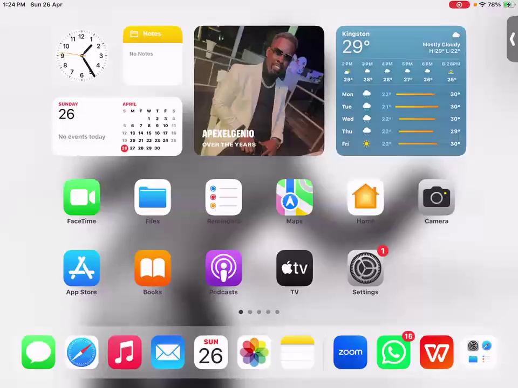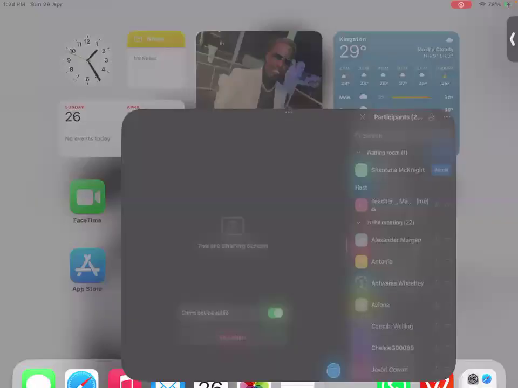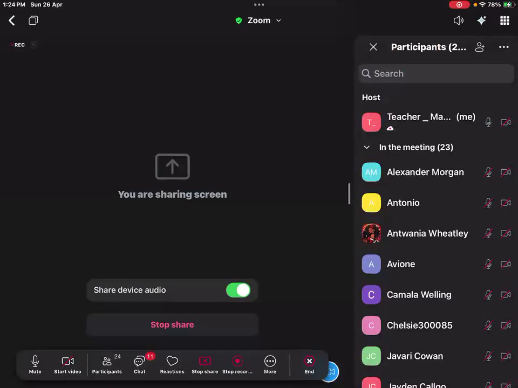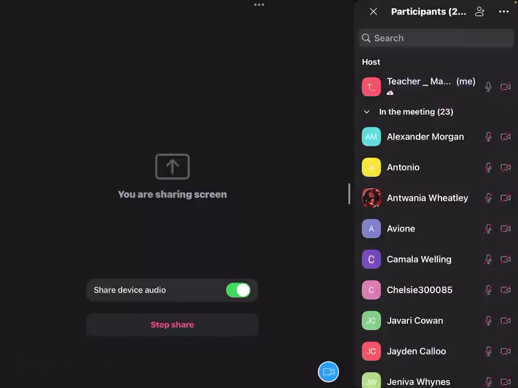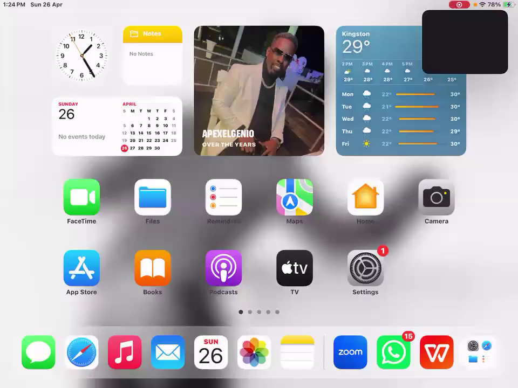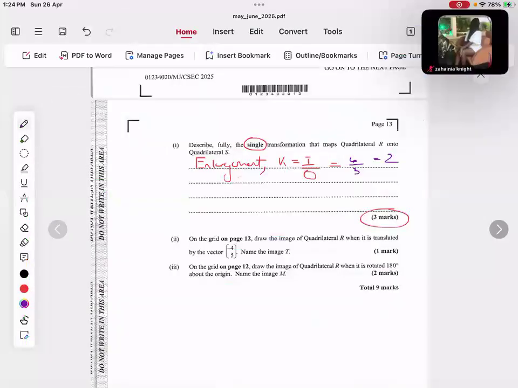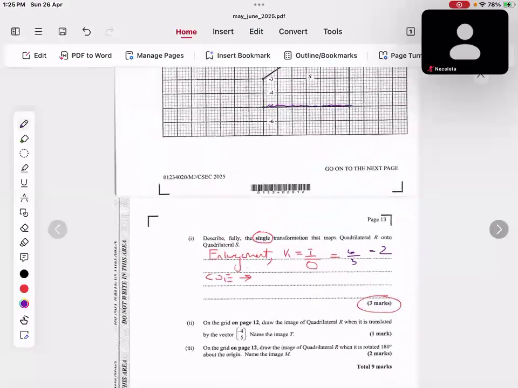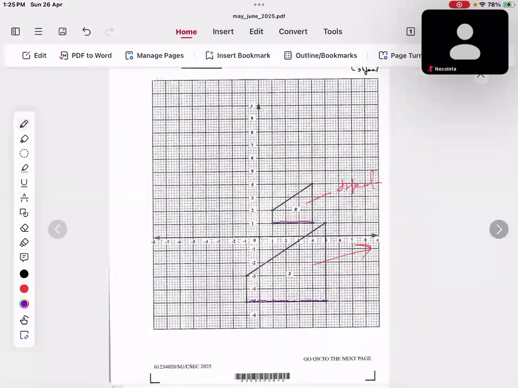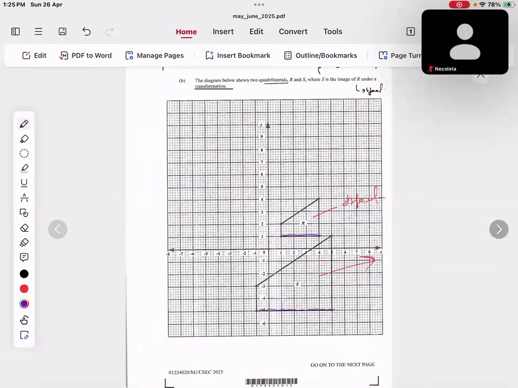That's two marks gone so far. We need something else: the center of enlargement. That is very good. We need the COE. If you can remember how to find the COE, we take a point on the object and connect it with a point on the image, but they must correspond.